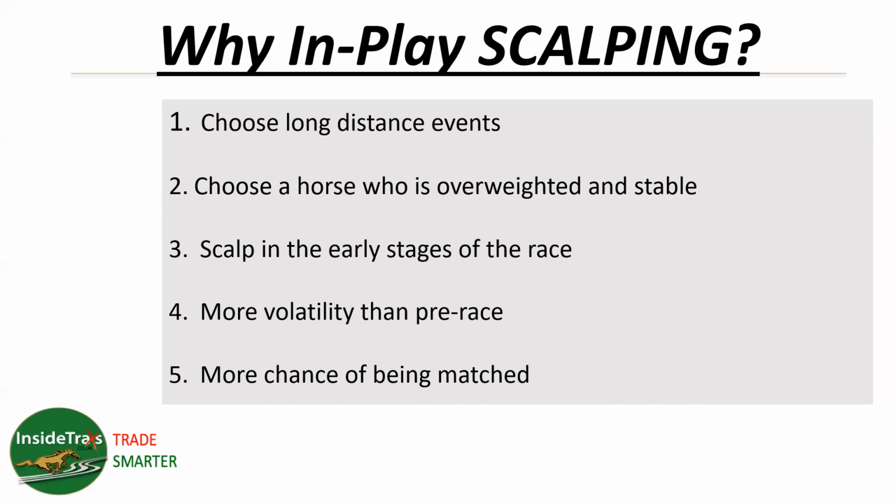It will dive out, and unless you're on the right side of the bet, you will be in trouble. Equally, if you are laying the horse and it gets out of the stalls very quickly into the front, you could well find yourself on the wrong end of that lay bet as well. So scalp early in the race generally means not exactly right at the beginning. It means when the prices have settled down.